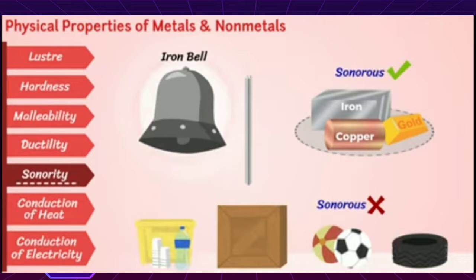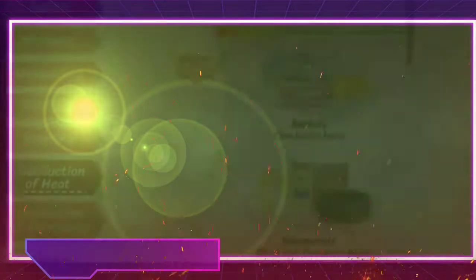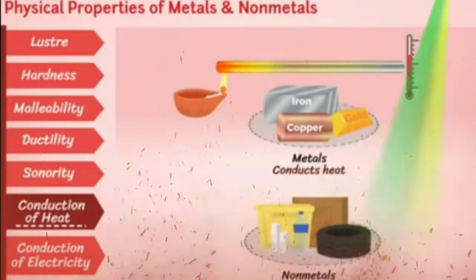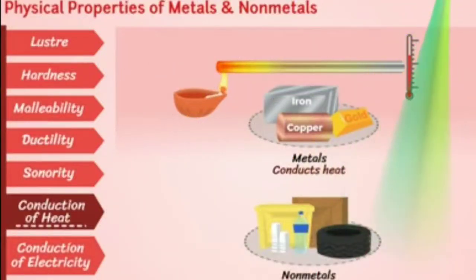Let us move towards the next physical property, that is conduction of heat. Metals are good conductors of heat, whereas non-metals are poor conductors of heat.